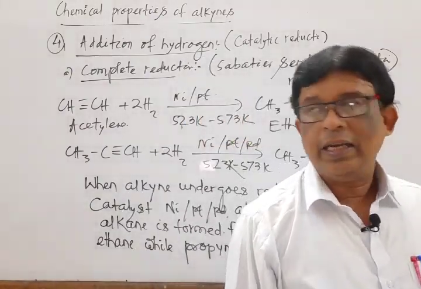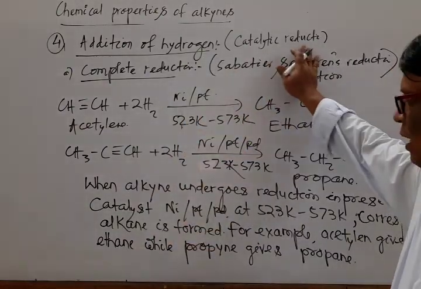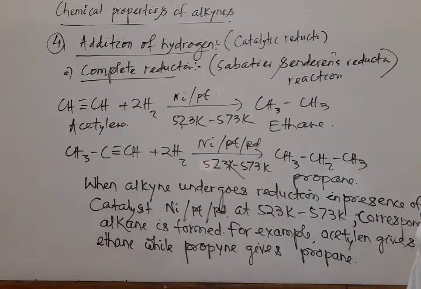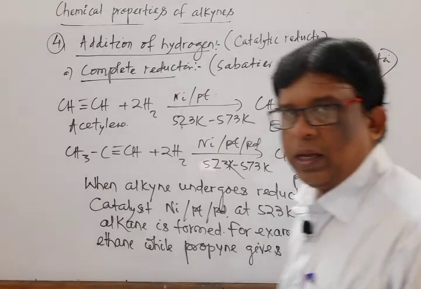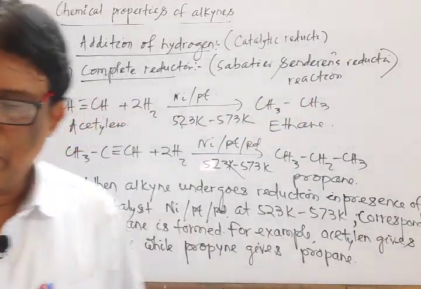Note down, it is under the heading of catalytic reduction, bit 1, it is known as complete reduction. Then move to bit 2, that is controlled reduction. Okay. Under this heading, we write two sub-points. One is by the reaction of Lindlar catalyst, that is palladium supported over barium sulfate, and one is reaction with sodium metal in presence of liquid ammonia. Let us discuss one by one.